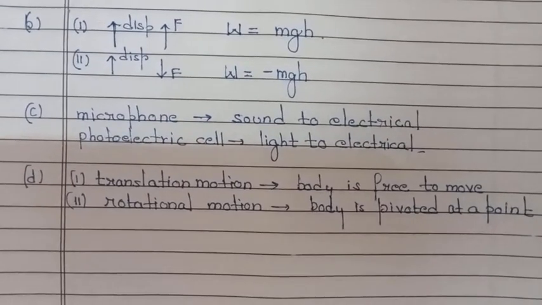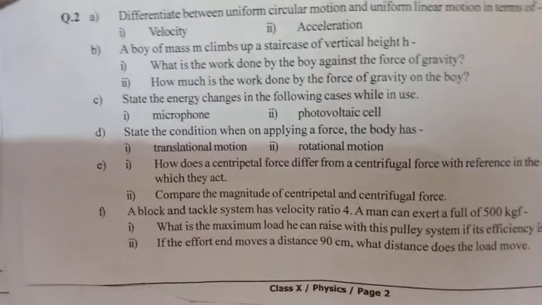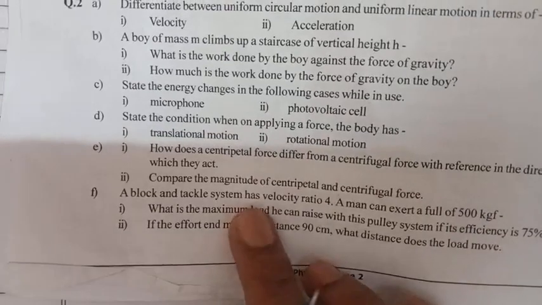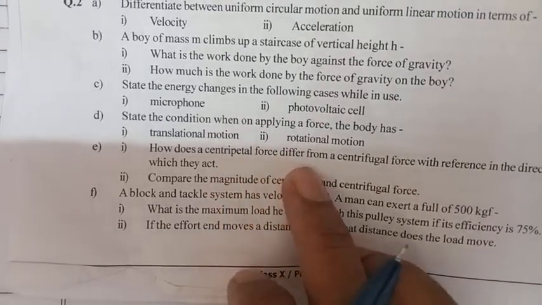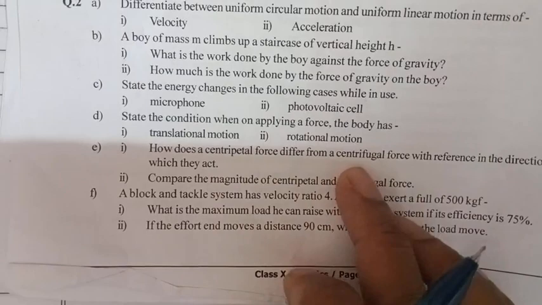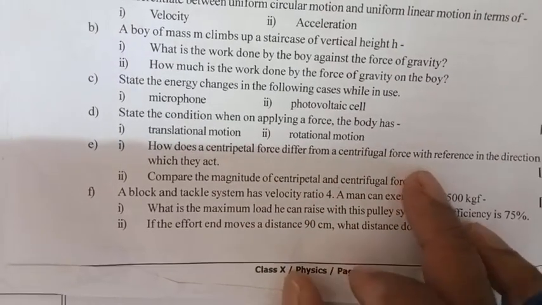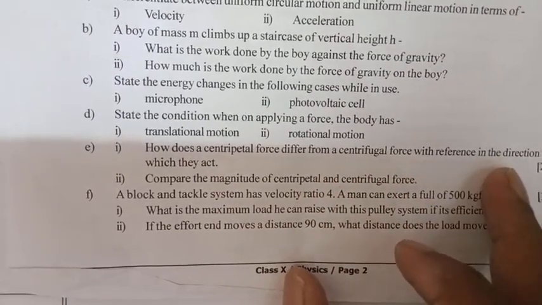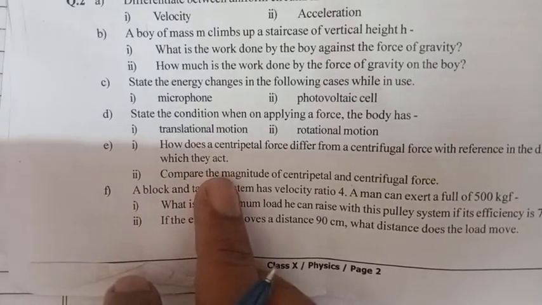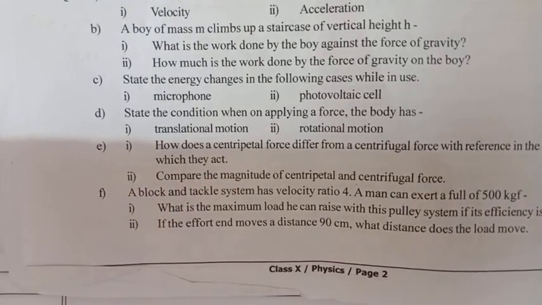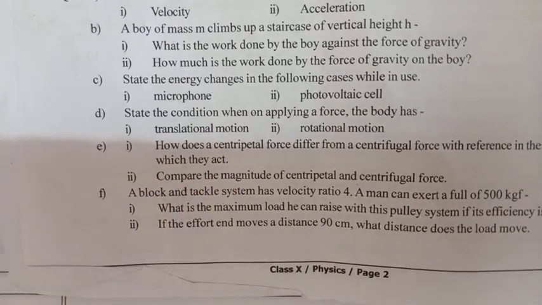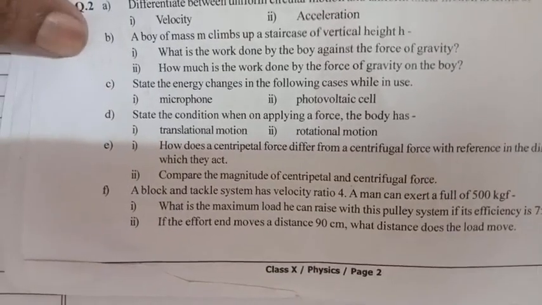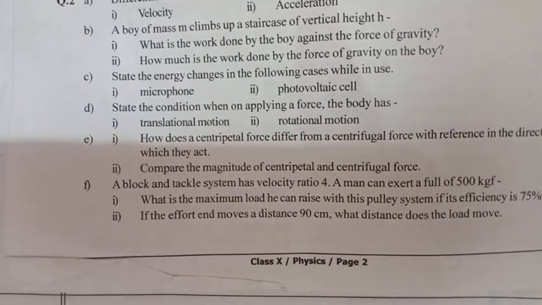This is clear to you? Okay, now see the E part. The E part says, how does centripetal force differ from centrifugal force with reference to the direction in which they act. So here we have to compare centripetal force and centrifugal force in terms of direction.